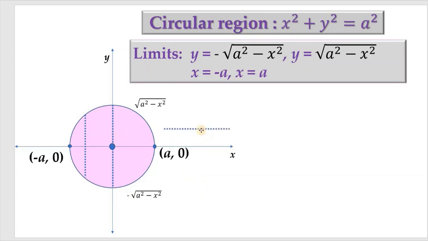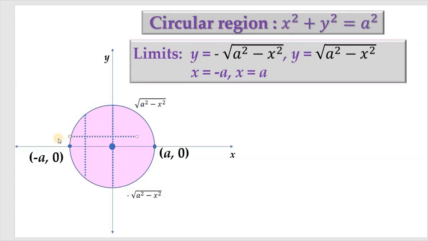So in that case, you can cover like this. This point will be 0 comma a, and this will be 0 comma minus a, because the radius is a. So you will give the limit for y as it varies from here.